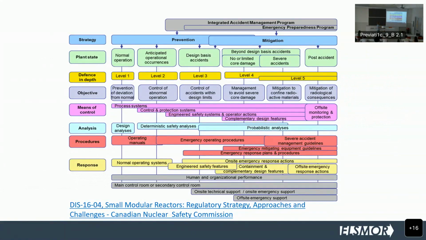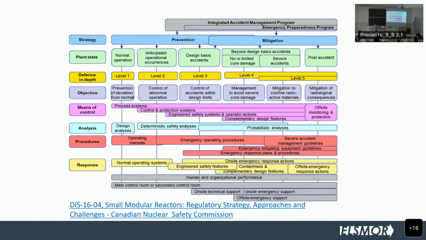Basically this is a picture taken from the Canadian regulator's webpage. If we are looking at these levels of defense in depth, we can say the objectives are and the means of control. We have the normal process systems for normal operation. Then we have the protection systems for control of abnormal operations and control of accidents.